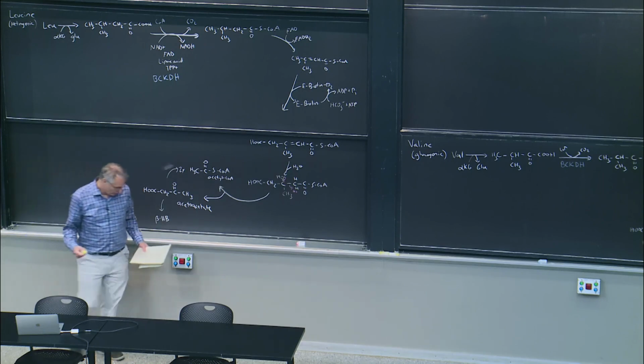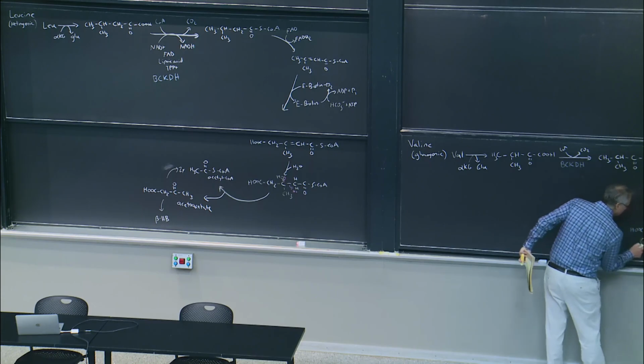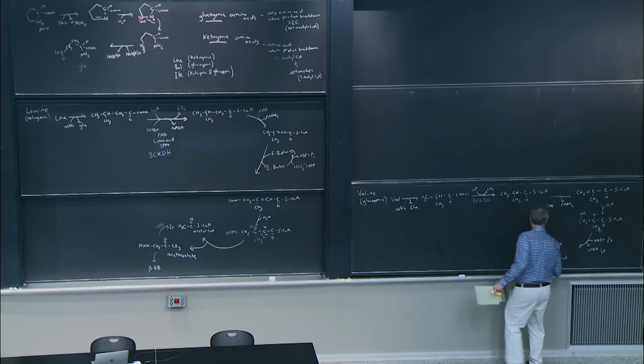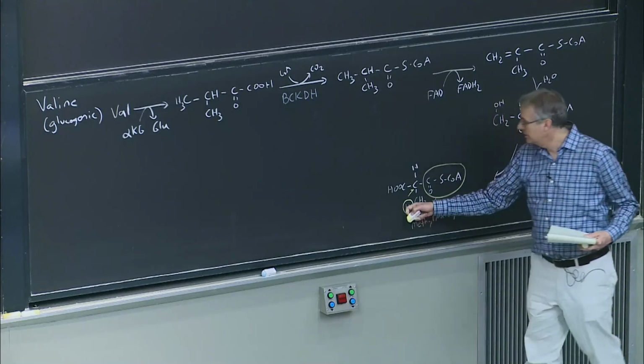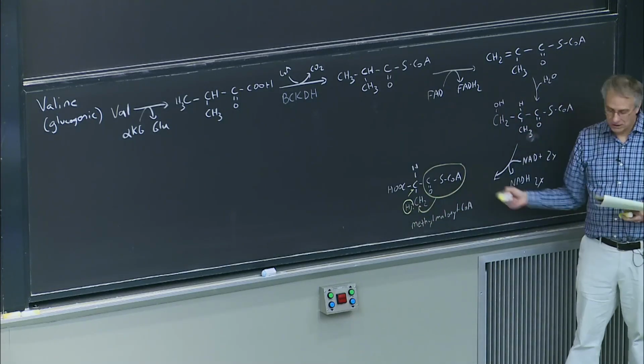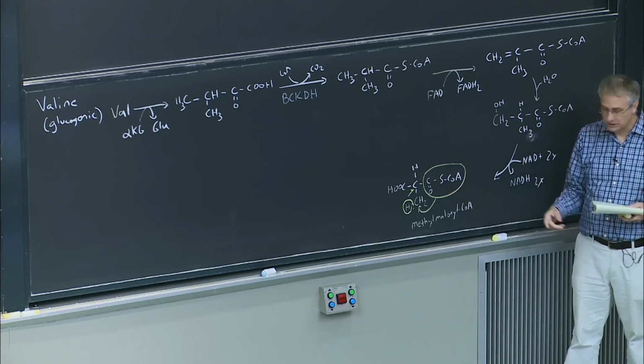And you'll remember that there was this B12 dependent reaction where I can basically swap the positions of this proton and this thioester group here. This is not arrow pushing.